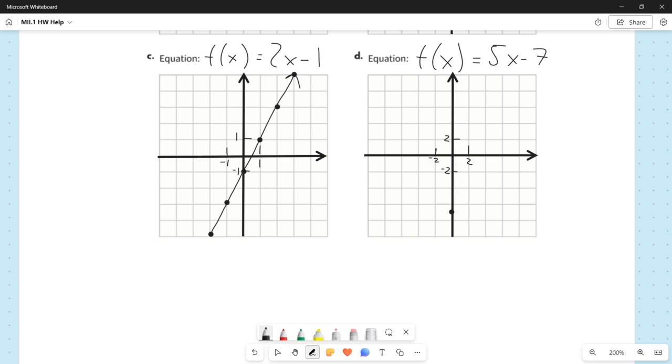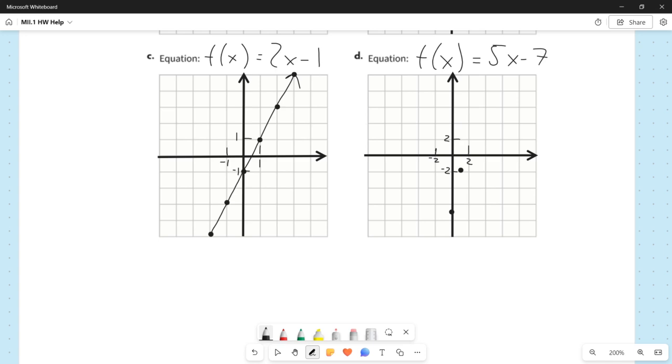So what that means is if we're at -7 and we go up 5, that's going to bring us over to this -2, and we go over and we're going to be at +1, which means our next point is right there. Because our x value is +1 and our y value is -2.